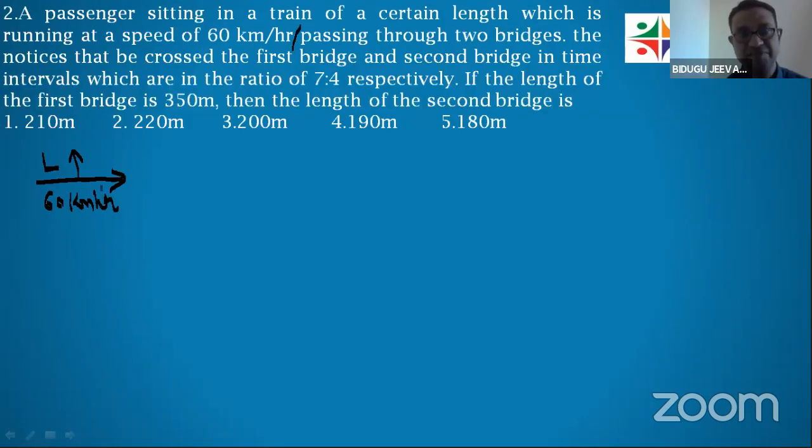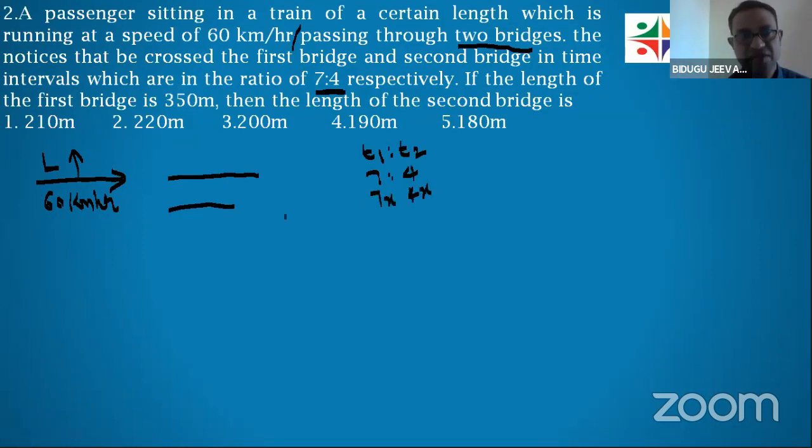Passing through 2 bridges. So I think one bridge is like this, another bridge is also like this. 2 bridges. Notice that he crossed the first bridge and second bridge in time intervals which are in the ratio 7:4 respectively. That is, T1 is to T2 is 7:4. Let me take this as 7x and 4x.